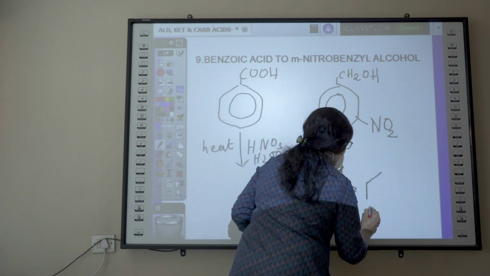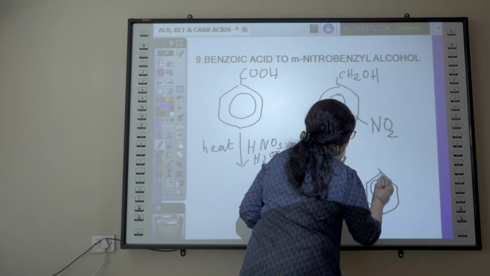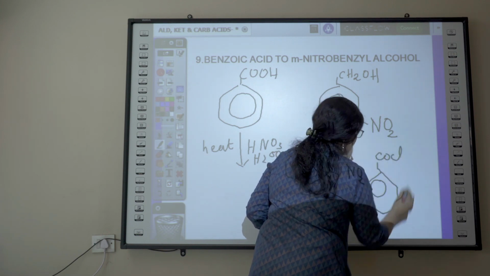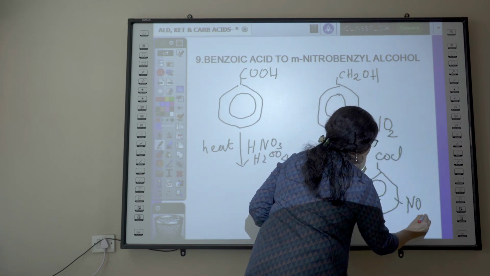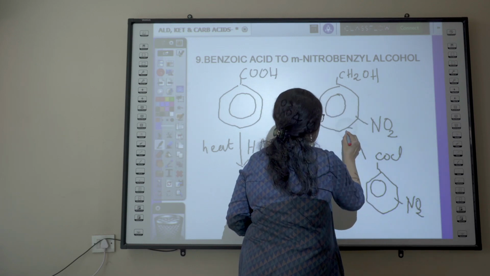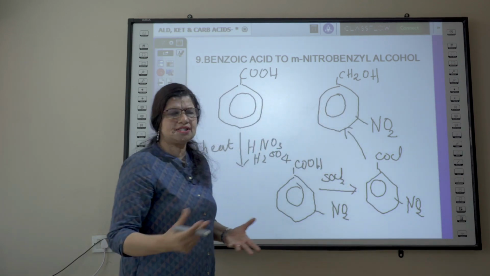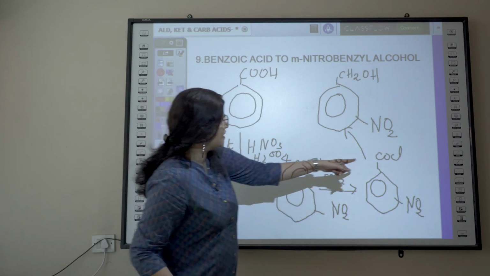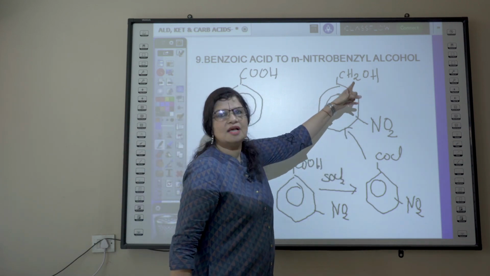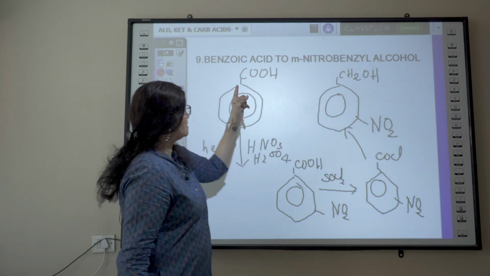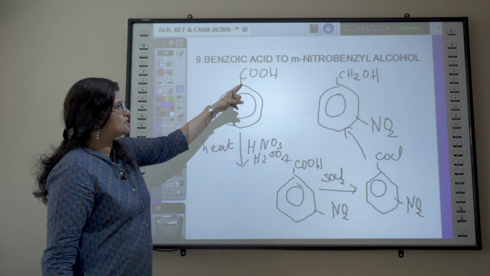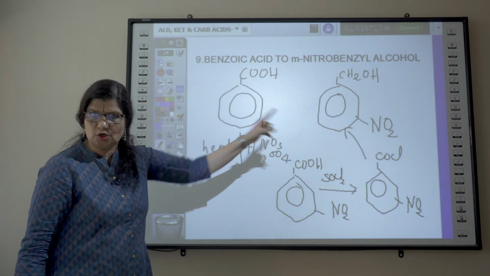So first we get COCl, this remains as NO2. Now this on reduction with a mild reducing agent like sodium borohydride will get reduced to the primary alcohol CH2OH. This is how you convert benzoic acid to meta-nitrobenzyl alcohol.